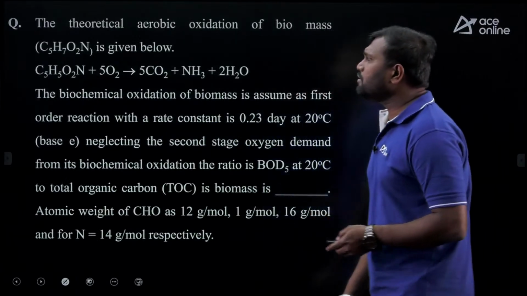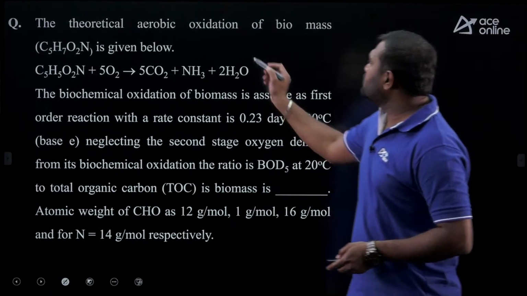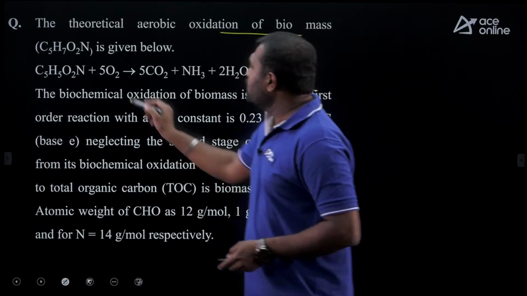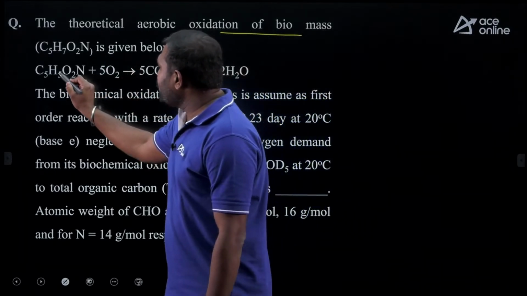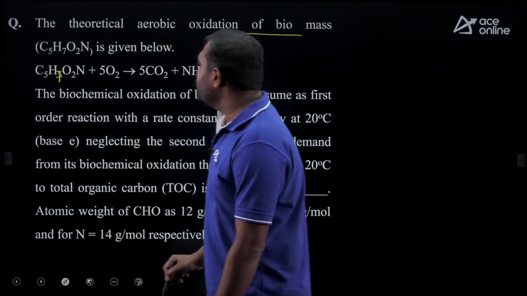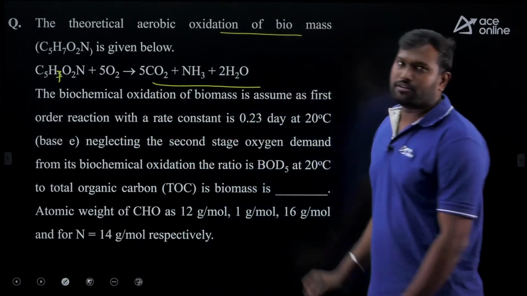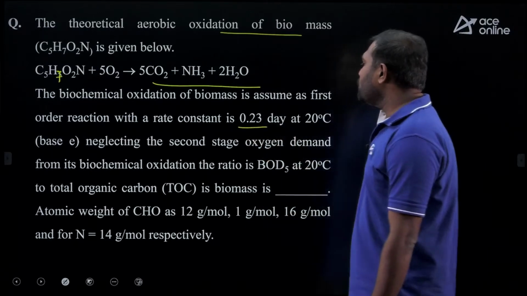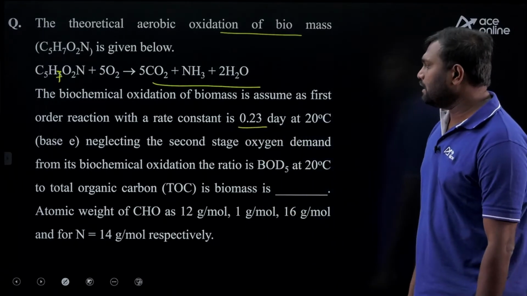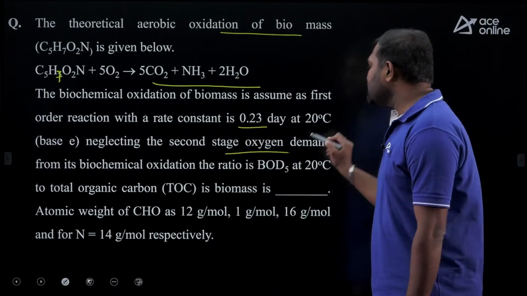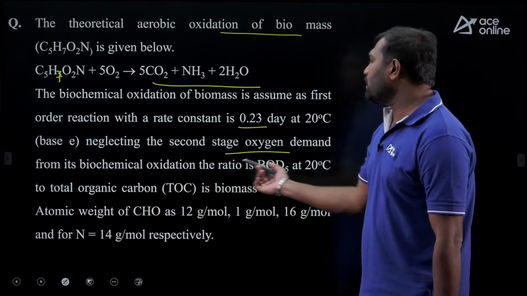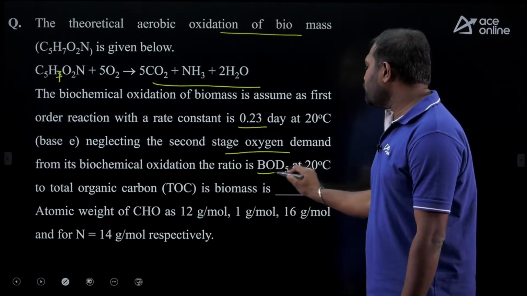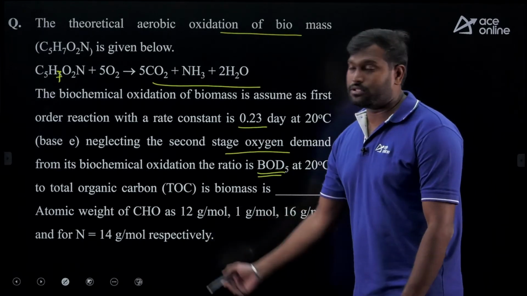Now let's go to the next question. So the theoretical aerobic oxidation of a biomass is given. C5H7O2N. So they have given the reaction. So this is a chemical reaction and the BOD rate constant is given as 0.23 per day at 20 degrees centigrade, neglecting the second stage oxygen demand from its biochemical oxygen demand. The ratio of the BOD 5 days to the TOC.